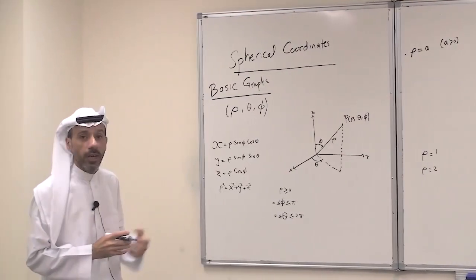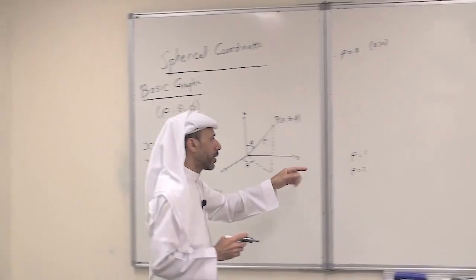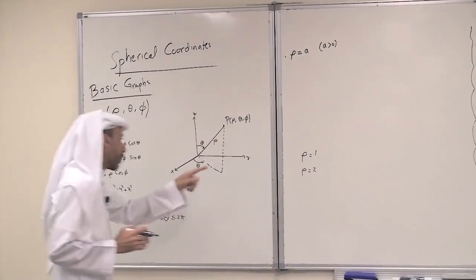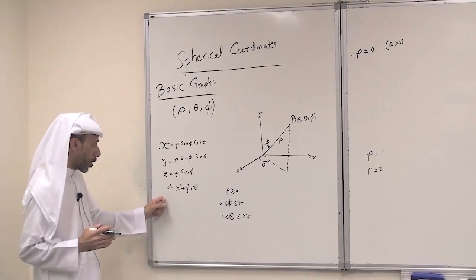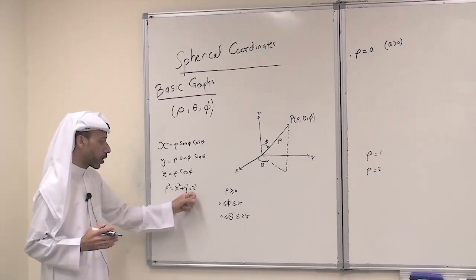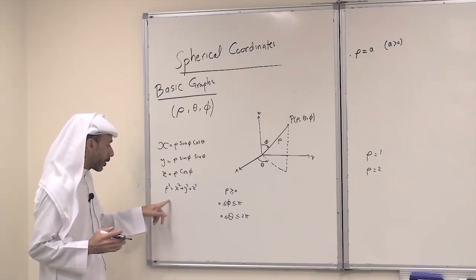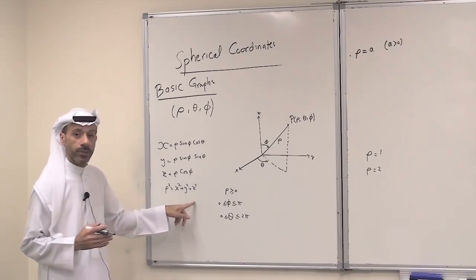A simple way to find the graph of this equation is just to change it to rectangular. Here the relation between rho and the rectangular coordinates is x squared plus y squared plus z squared. If rho equals 1, then I get 1 equals x squared plus y squared plus z squared.